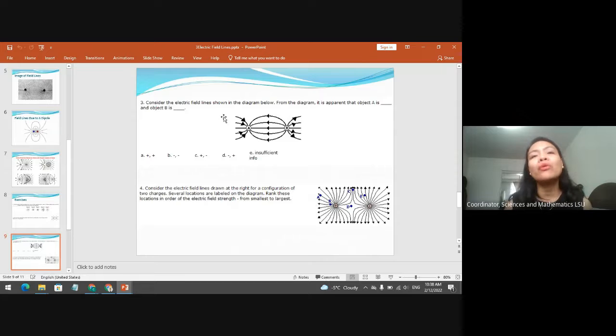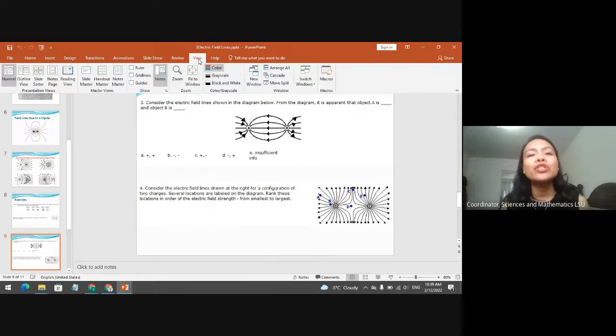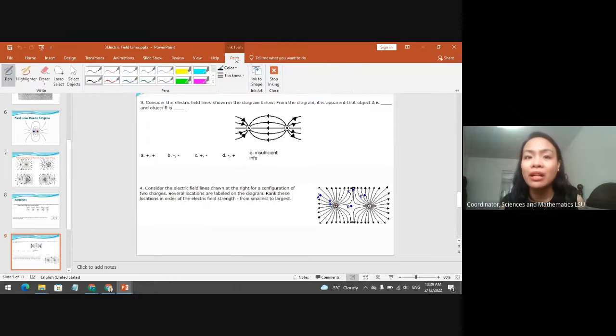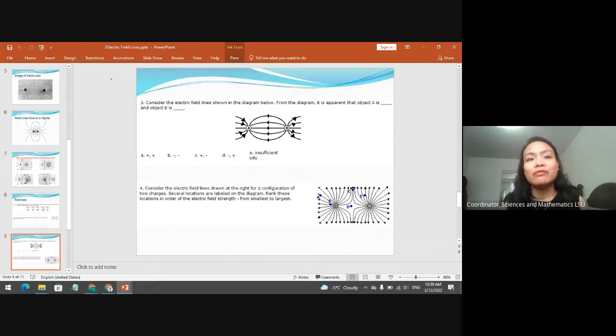So how are we going to determine which would have the smallest value to the largest value? We can determine the electric field strength by the number of lines, as we had said.